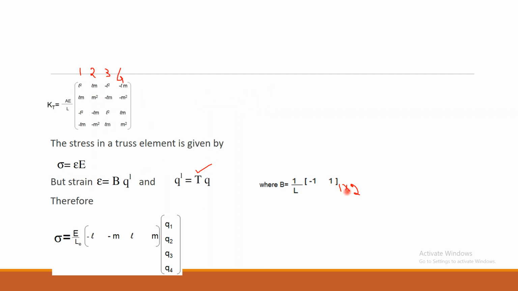This is 1 cross 2 and this is 2 cross 4, so that it becomes 1 cross 4 matrix, having the Q terms. What are the Q terms? Q1, Q2, Q3, Q4. So if I do the matrix multiplication, it is of this format. So these are the two equations that we require right now: the stiffness matrix, and the stress relation of the truss element.